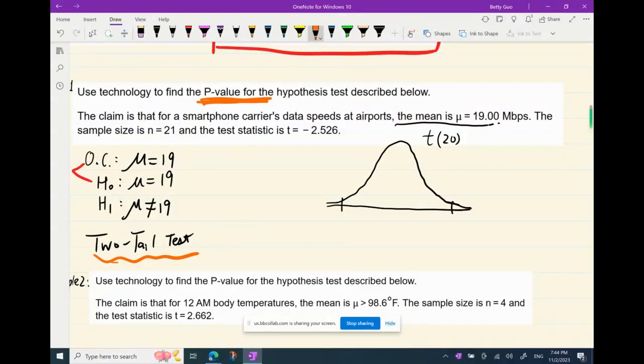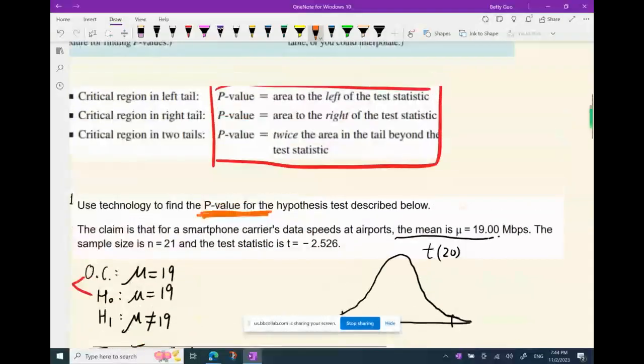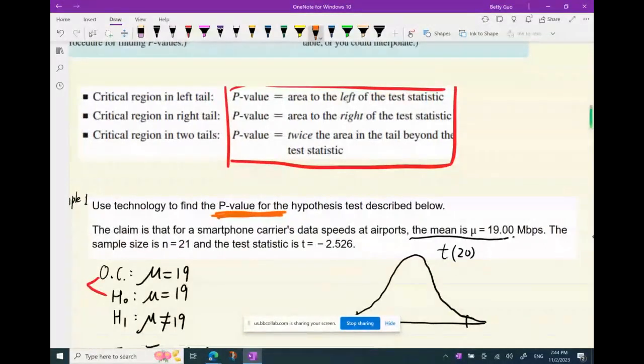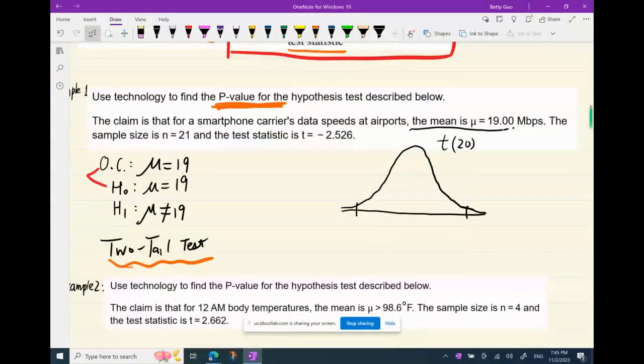So for a two-tailed test, critical region in two tails, the p-value is twice the area in the tail beyond the test statistic. Let me show you how we find the p-value when the test is a two-tailed test and the test statistic falls on the left tail.